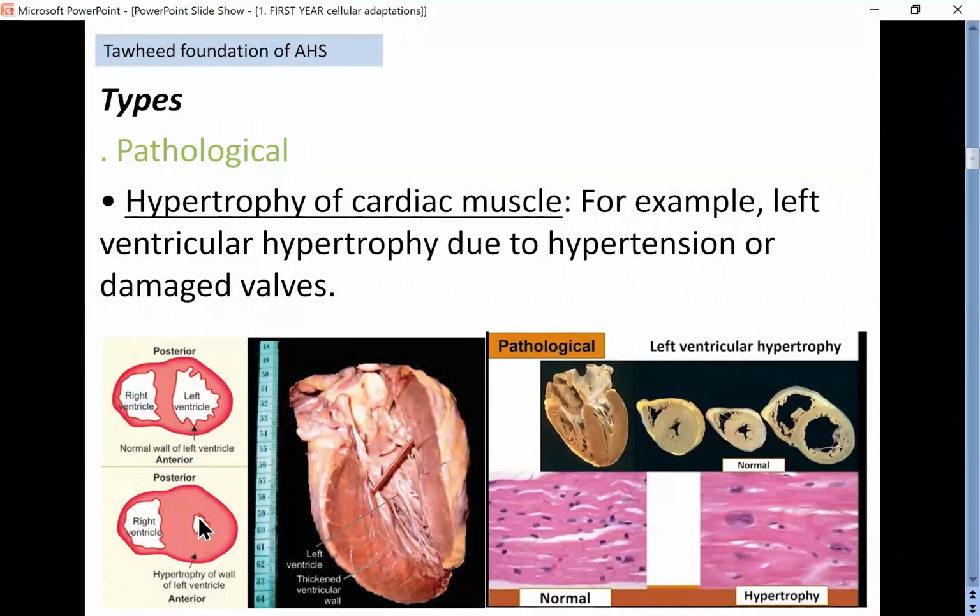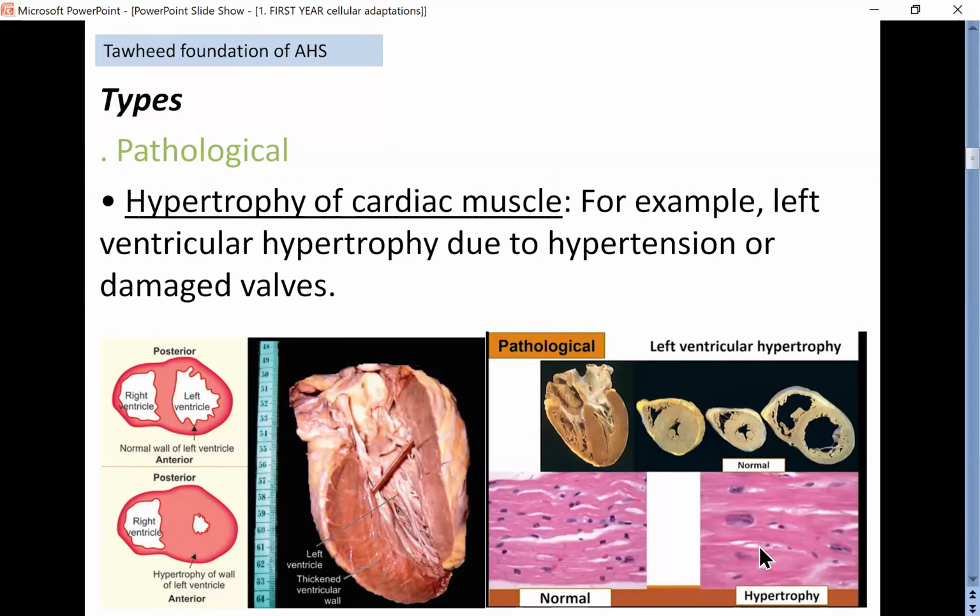So if you see, you can see there is an increase in size of the myocardiocytes present in the left ventricle. So ultimately, what will happen? There will be an obliteration of the lumen. So in the morphology, you can see as gross the normal heart cut section and the left ventricular hypertrophy heart.